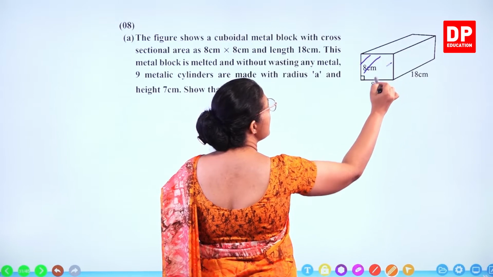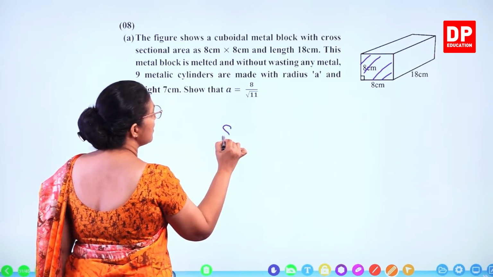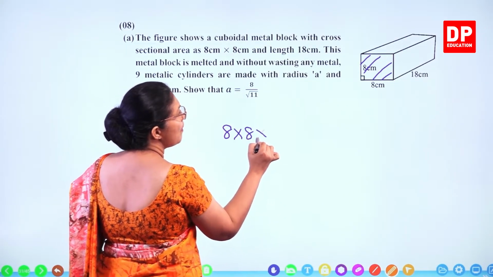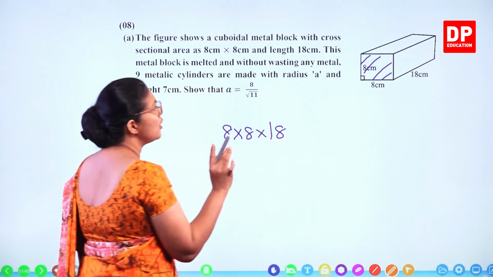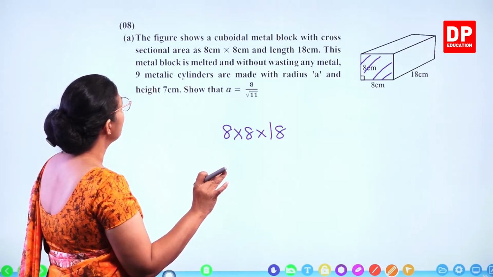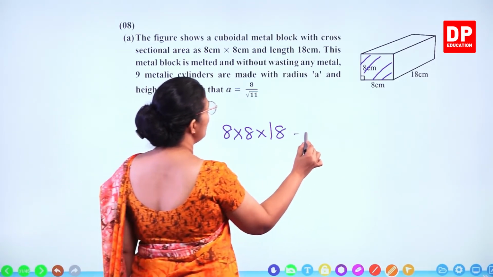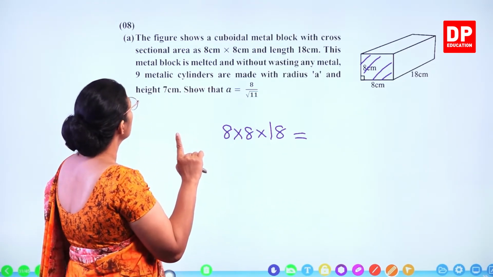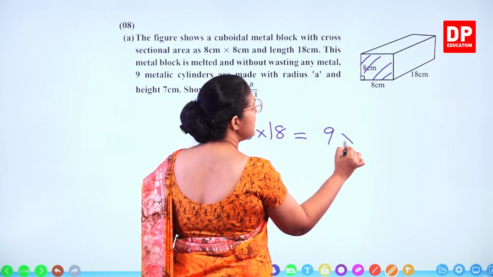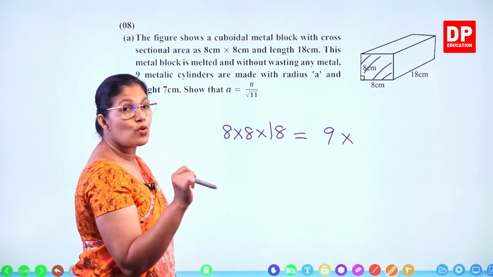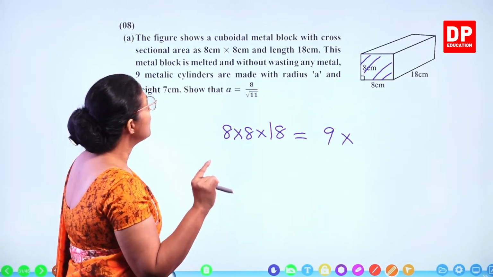The cross-sectional area is 8 times 8 and then multiply by 18. That's the volume of the cuboidal block. That is equal to 9 metallic cylinders with radius a. So what is the volume of a cylinder?